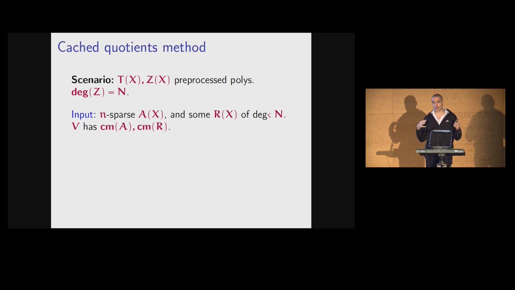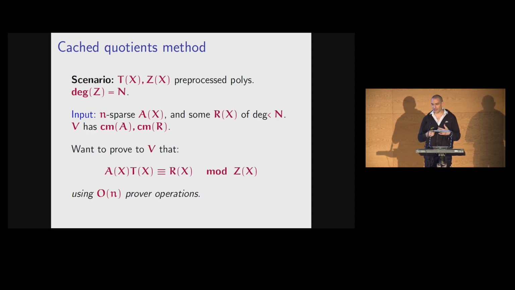And now the prover has as an input a little n sparse polynomial A, and some polynomial R of degree smaller than big N. And the verifier has the commitments of these polynomials. And now what do we want to do?